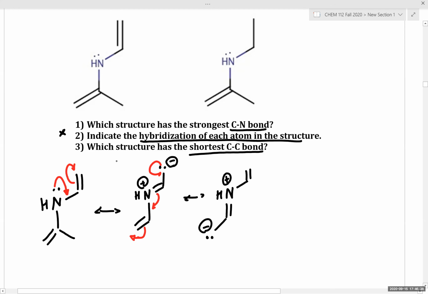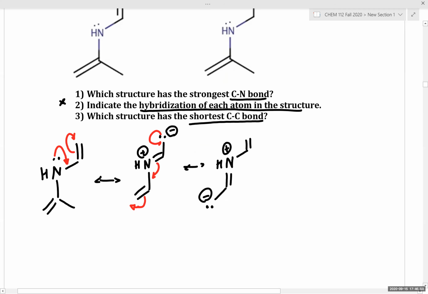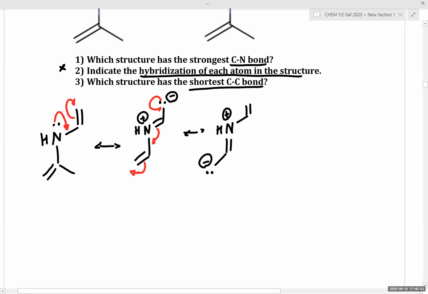You want to make sure you're following the octet rule, and you can only delocalize your electron density across pi systems. If it makes it easier to keep track, you can draw out your hydrogens just to make sure you aren't breaking the octet rule.